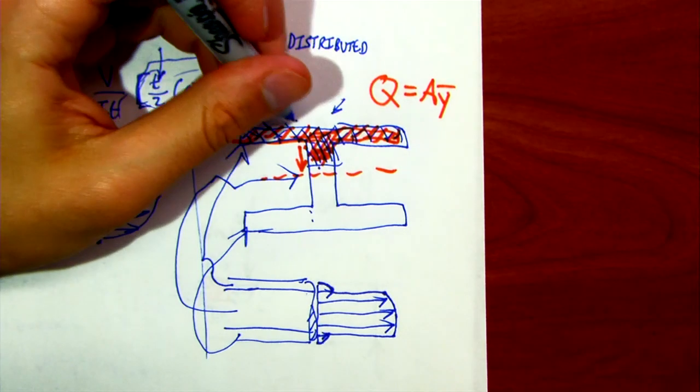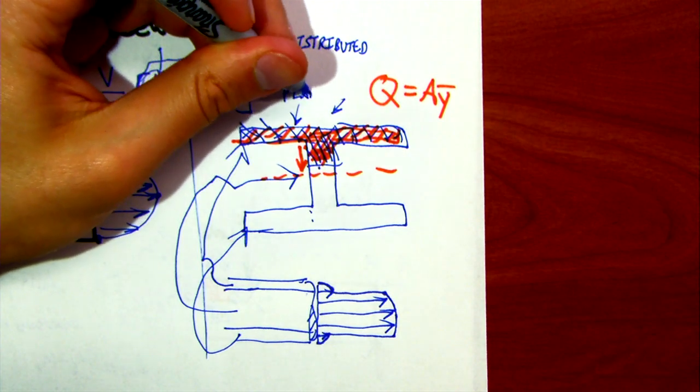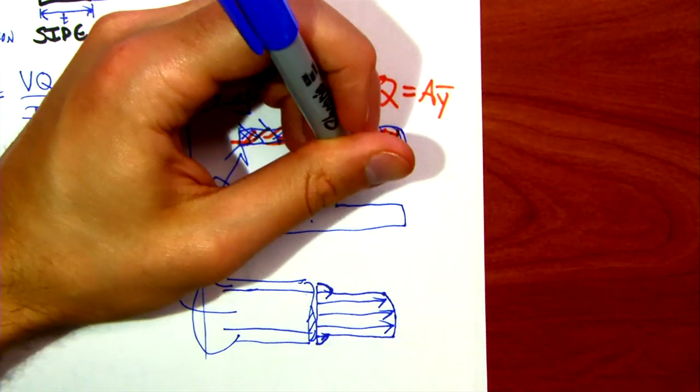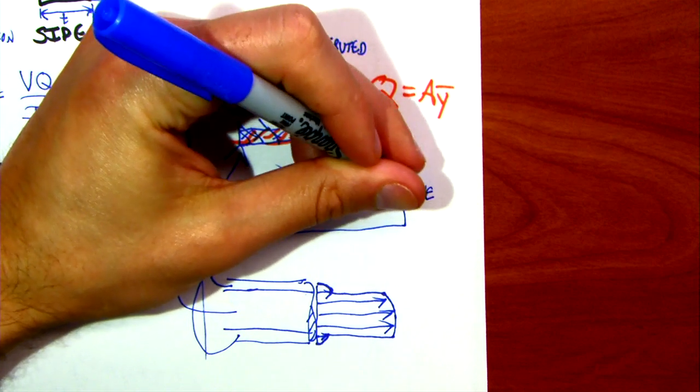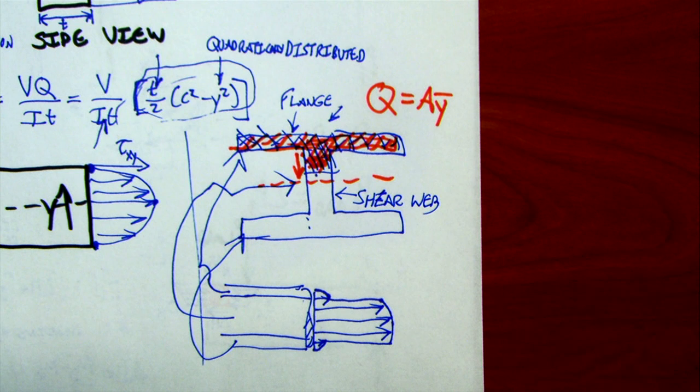One is this top bit, which is a flange, and this middle bit is called a shear web, because its sole purpose is to absorb shear stress, because bending stresses are almost zero there, or they're almost entirely taken up by the flange. It's the shear stresses that get very, very large in that center bit, and you have to design that section to take care of that, which has actually been a big thing with composite materials.